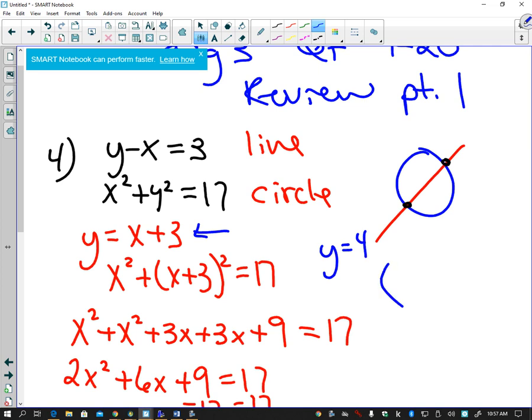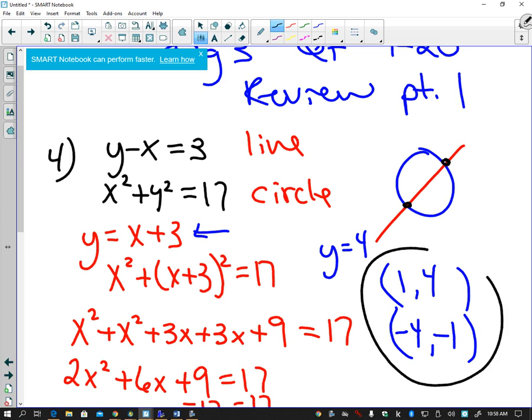So when I have 1 for an x value, I get 4 for a y value. The other one was negative 4, so negative 4 plus 3 is negative 1.